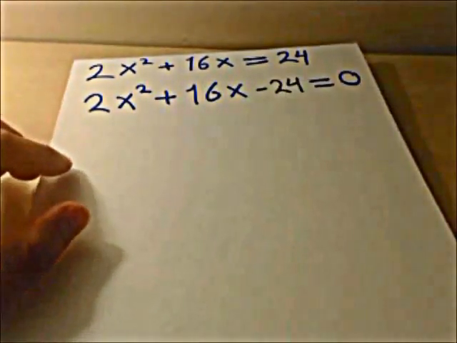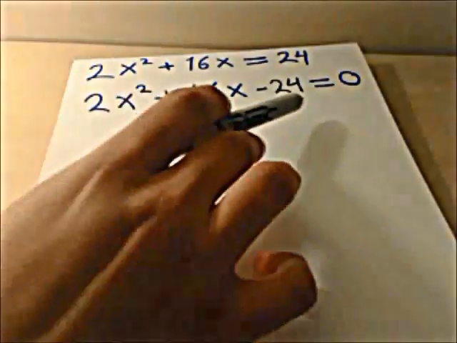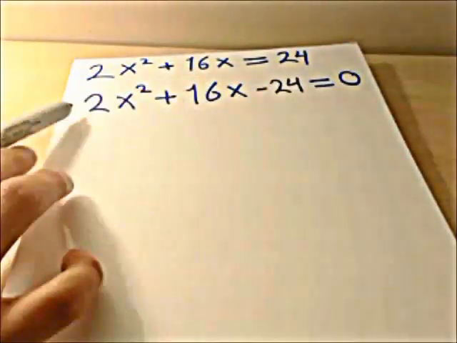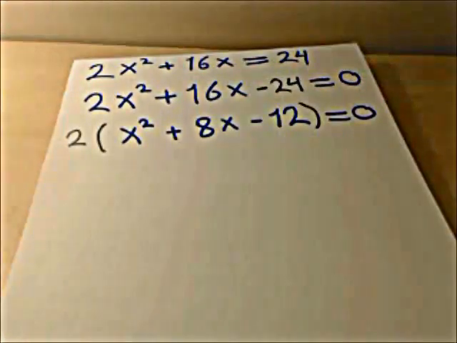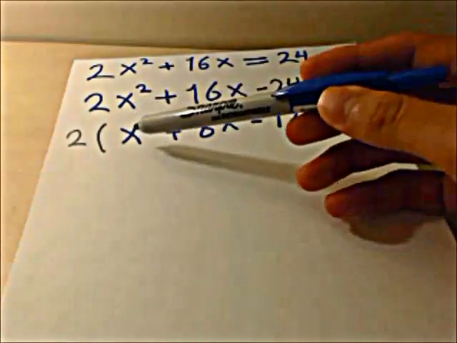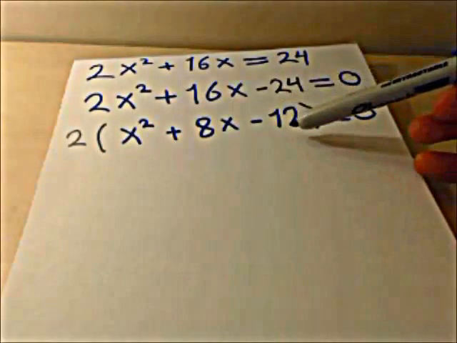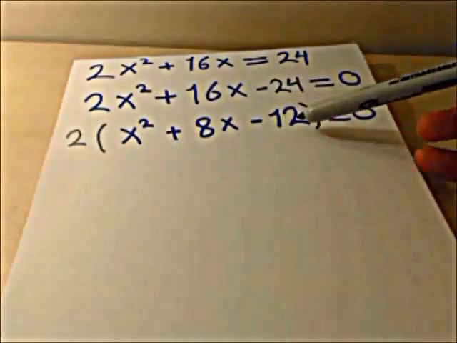We can factor out 2 because 2 is in common. You can divide all of these coefficients by 2. So after factorizing 2 from the quadratic equation, we're left with x squared plus 8x, because 16 over 2 is 8, minus 12, because 24 over 2 is 12.